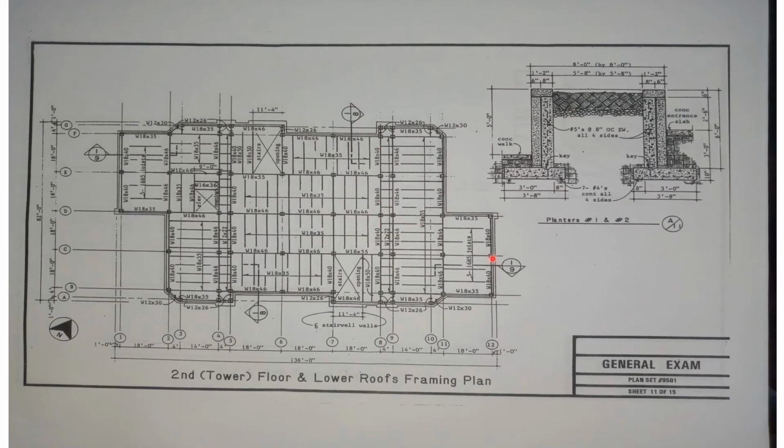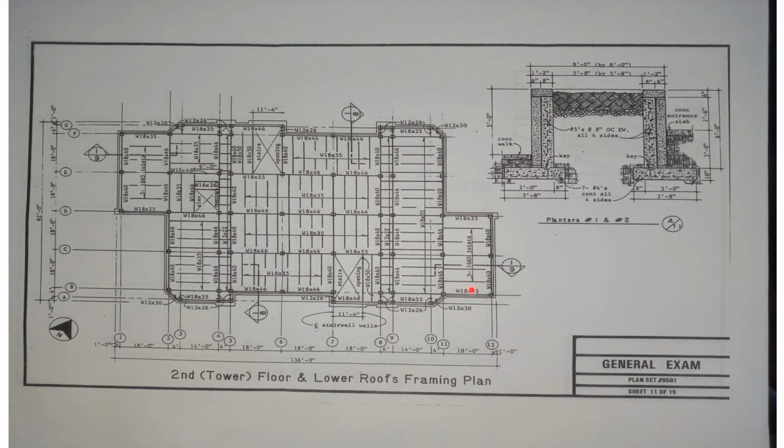The next one is our second floor and lower roofs framing plan. This is all the steel framing of the floor of the tower on floor number 2. And then we have these lower roofs.